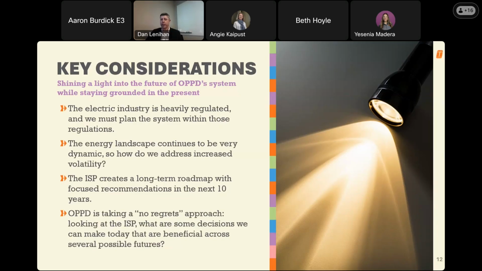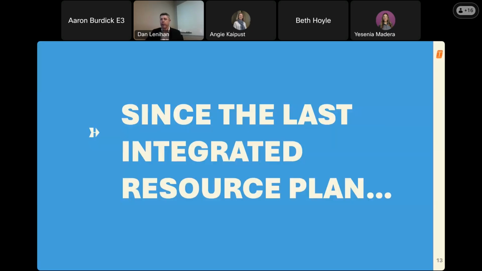Also, the ISP is going to create a long-term roadmap looking out 20-plus years, but our actionable recommendations are going to focus more on the next 10 years. Also, OPPD is going to take a no regrets approach. So what does that mean? Well, what are some decisions we can make today that are beneficial across several possible future scenarios? So we roll to the next slide.